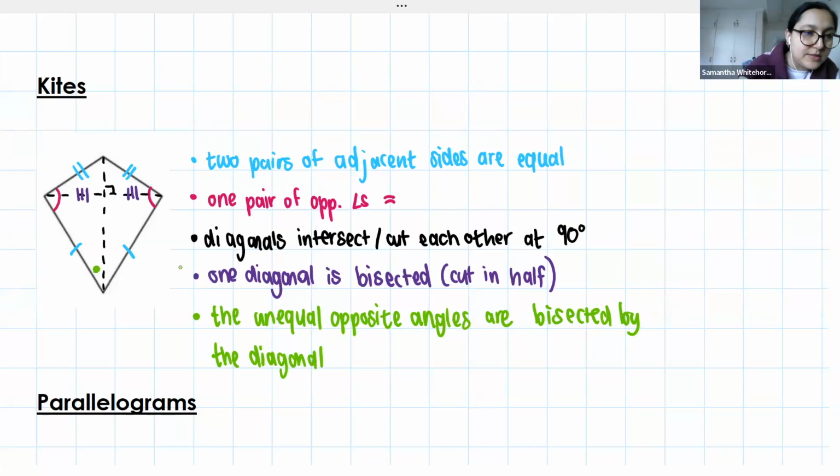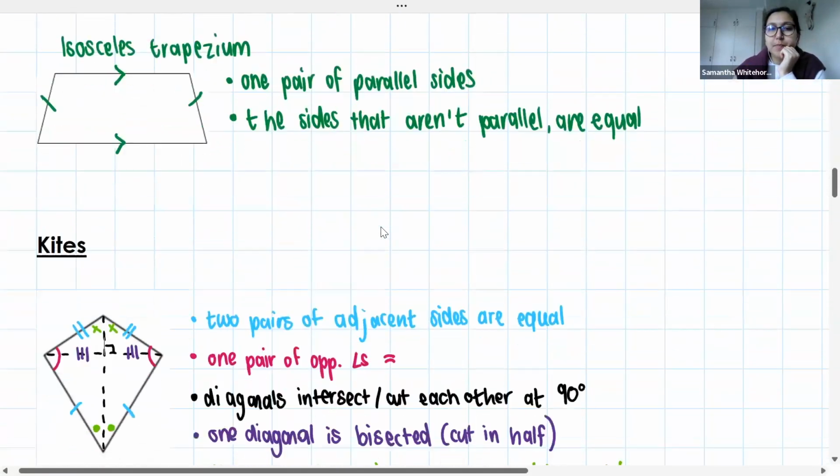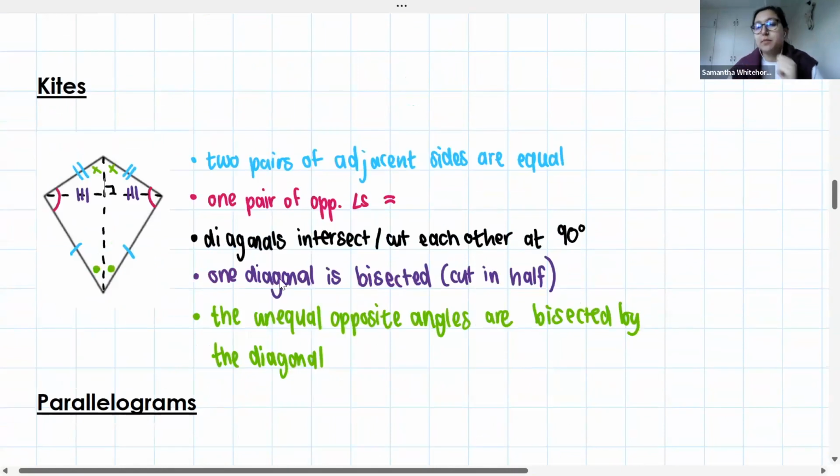So this angle gets cut in half and is equal to that angle. This angle at the top gets cut in half and is equal to that angle. All right, so quite a few more characteristics for a kite versus a trapezium. We can see that. But again, all really important bits of information that we need to know.